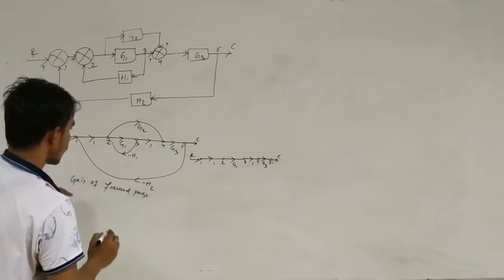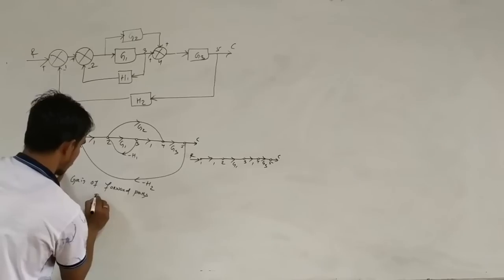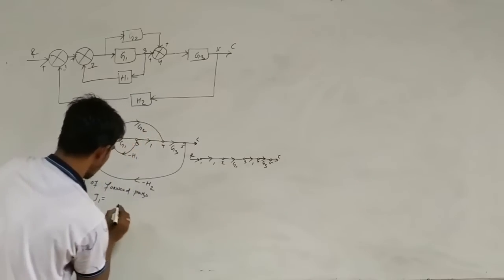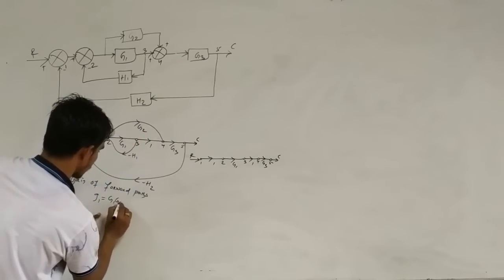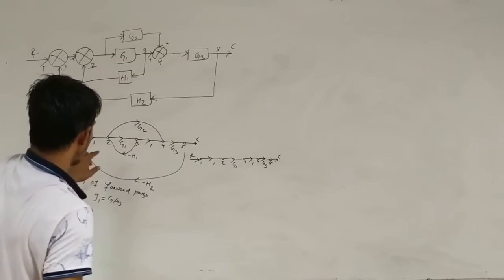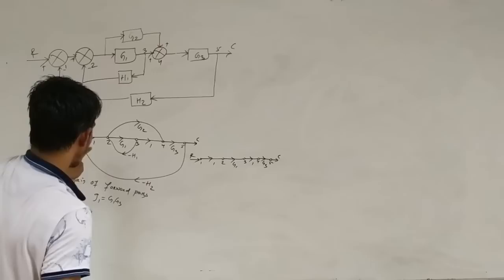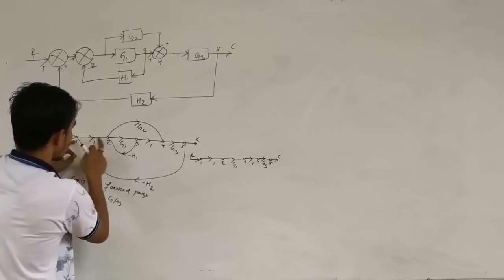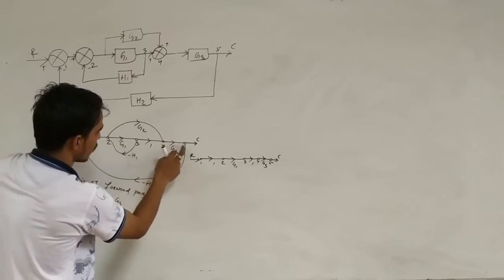Suppose the first forward path gain P1 equals what? G1 into G3. Now are any other forward paths there or not? From node 1 to 2, then node 4 to 5.